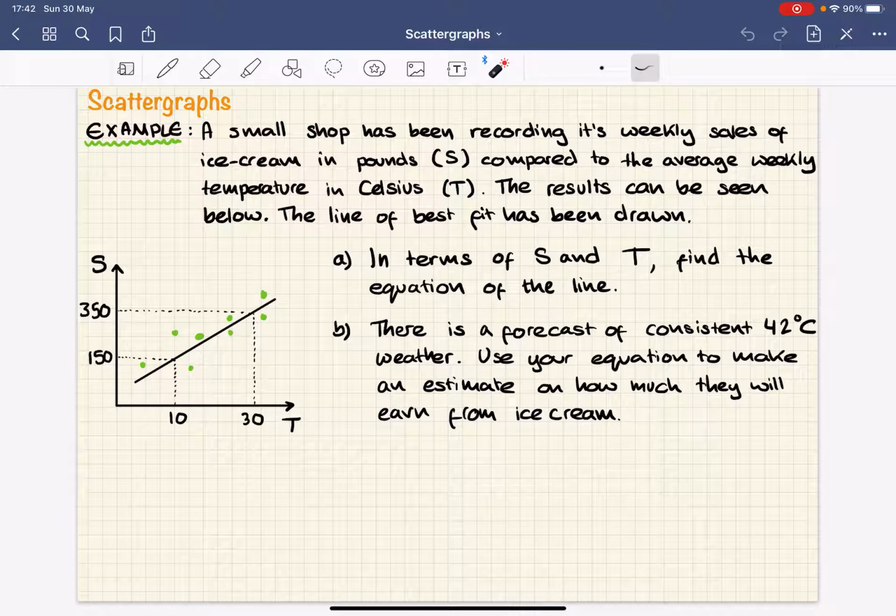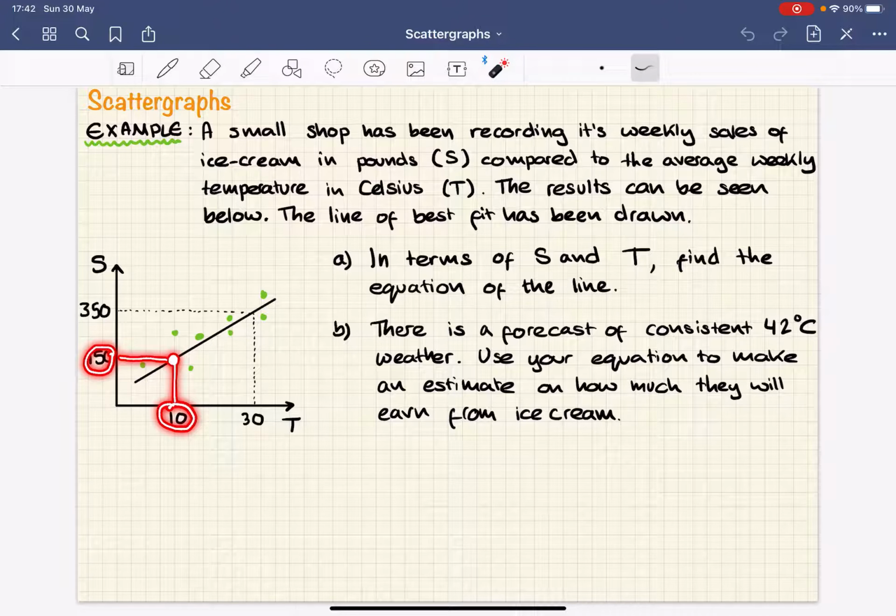We are being asked in part A, in terms of S and T, find the equation of the line. Well, to start off with, I need to identify some coordinates, and that's where these numbers come into play. If I think about this point here, this has this quote-unquote x coordinate and this quote-unquote y coordinate.